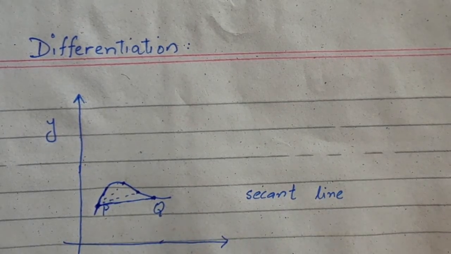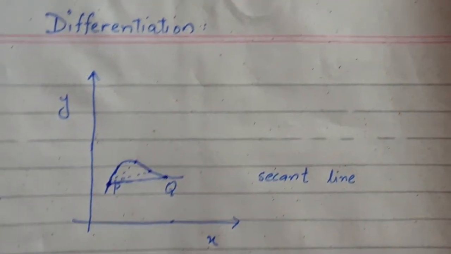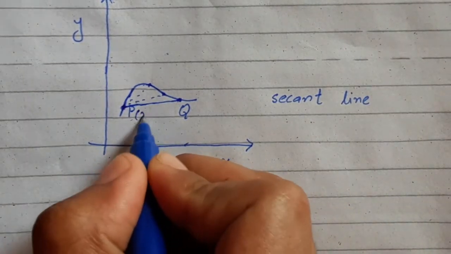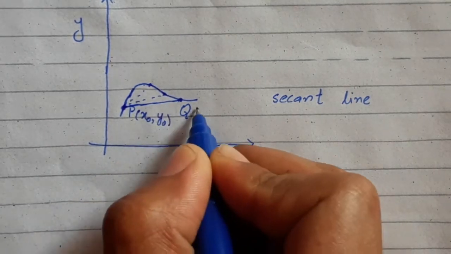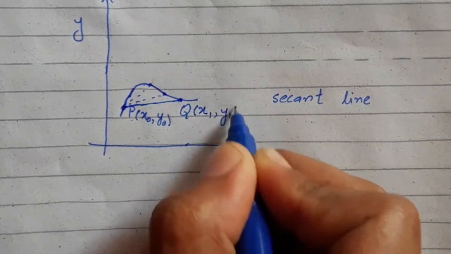So in this case, when I haven't moved the point Q, let me assume that the coordinates of point P are x0 and y0, and that of point Q are x1, y1.